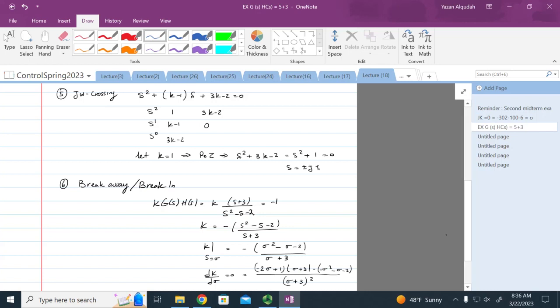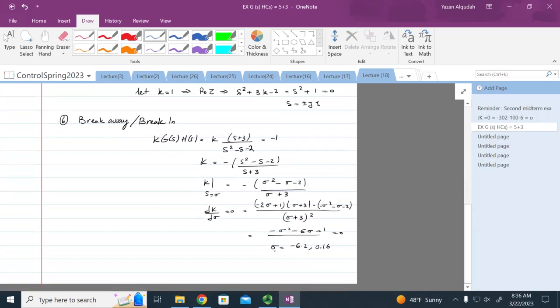We replace s with sigma, take the derivative, and set it to 0. We find that sigma is equal to -6.2 and -0.16. So these are our break-in and breakaway points.